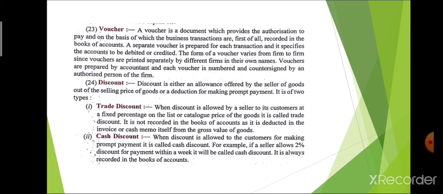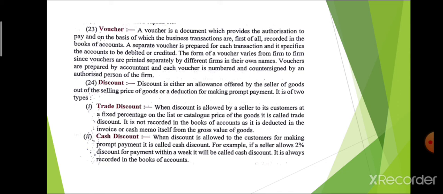So, for understanding both the concepts, let's take an example. Suppose there are two friends, Ram and Shyam, who go to the market and purchase two products. Ram purchased the product on cash basis and Shyam purchased the product on credit basis. The price of the product is rupees 100 and the shopkeeper provides 10% discount. So the price is rupees 100 less 10% discount, then they get the product at rupees 90.